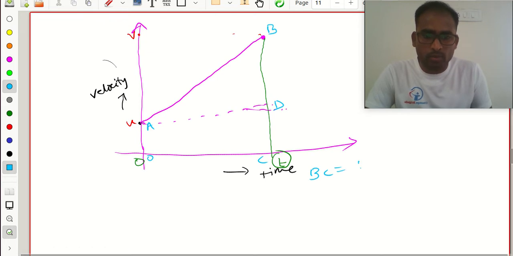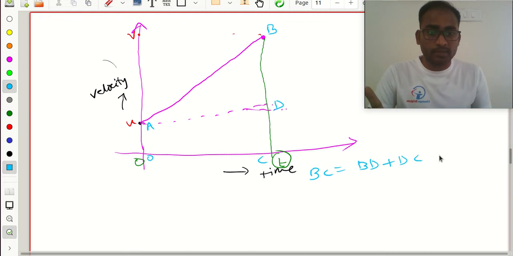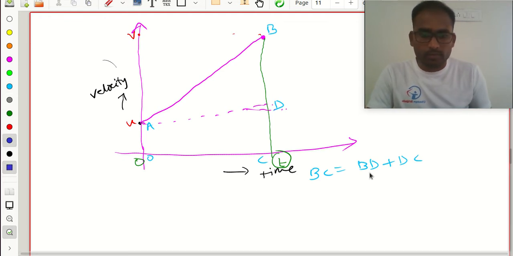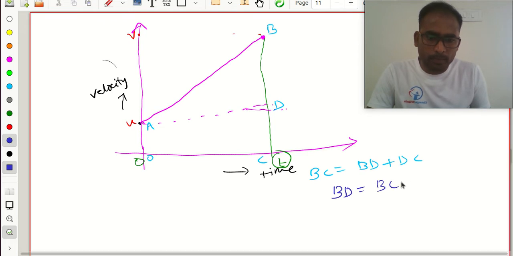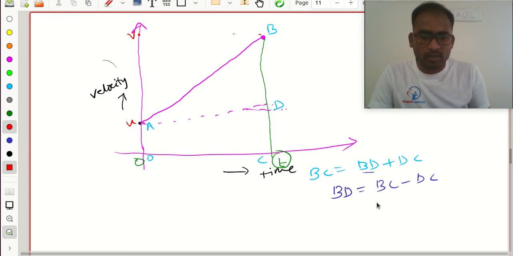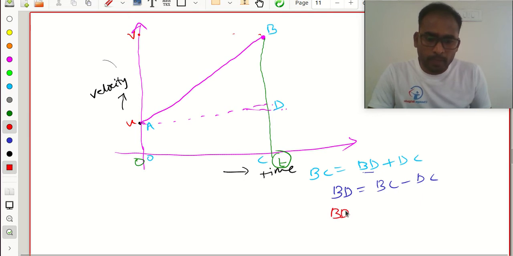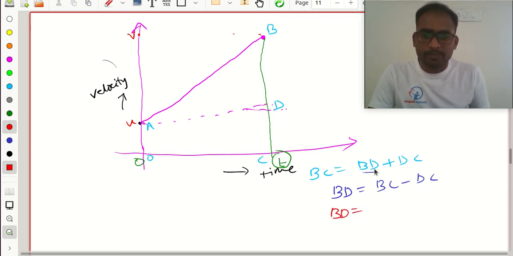So this BC can be written as what? BC is equal to BD plus DC. Can I write? Yes, sir. Then BD is equal to BC minus DC. I need to calculate this BD. This DC will go outside. So BD is equal to BC minus DC. Now what is BC?